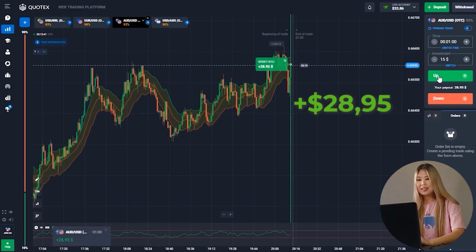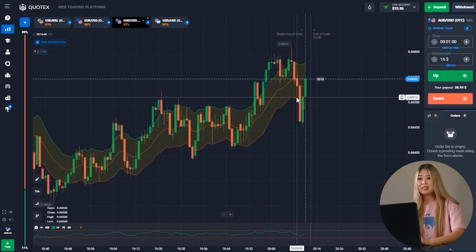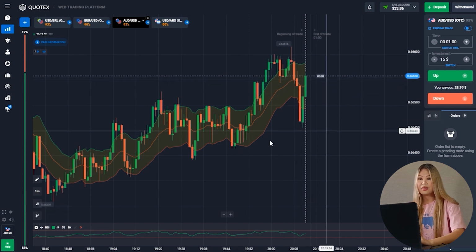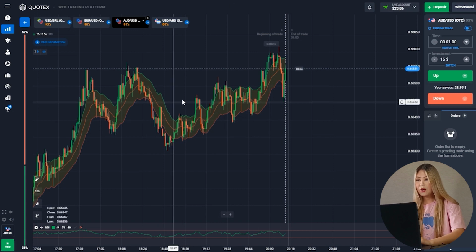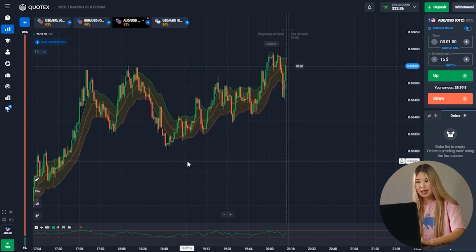Another profit. As you can see, I've once again managed to anticipate awesome entry points, and in addition, we can note that the price has reached the lowest line of the Keltner channel, and this is why my trade was up here. So as you can see, my balance is getting bigger and bigger with each step.